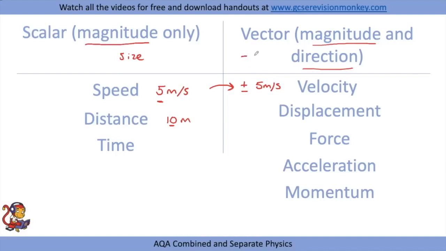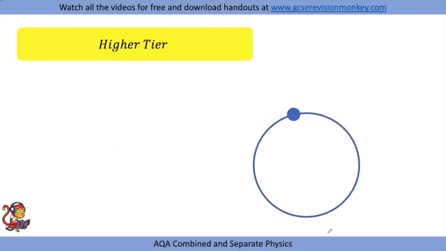So if they've decided that everything moving to the right is a plus and everything moving to the left is a minus, they can put that plus or minus in front to indicate the velocity. Displacement is the vector version of distance, and you'll also have force, acceleration, and momentum that are examples of vectors as well.